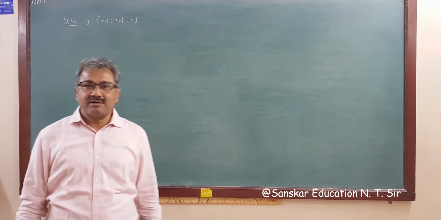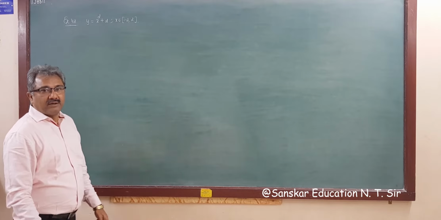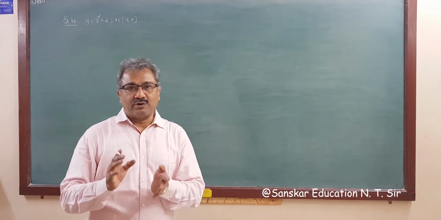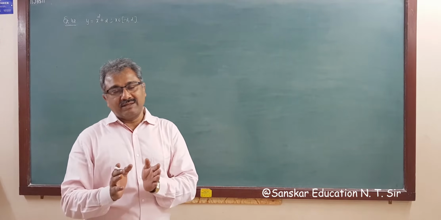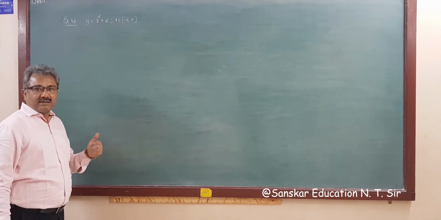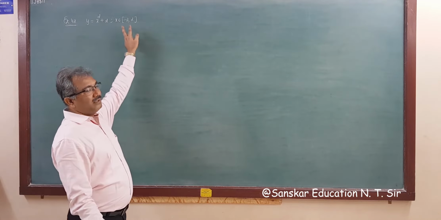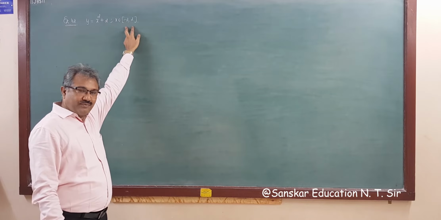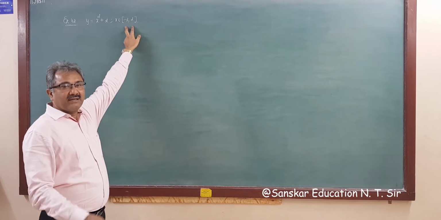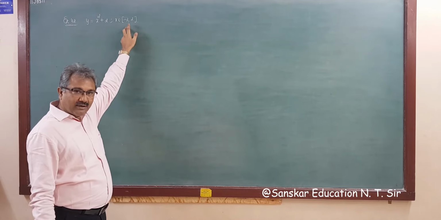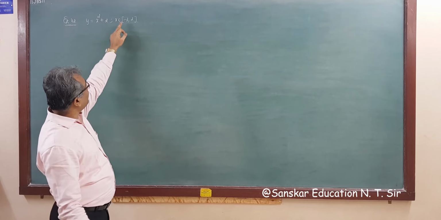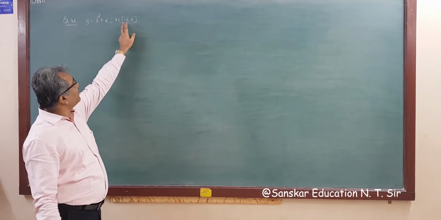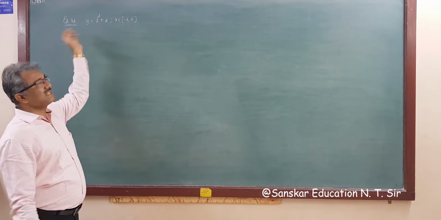Now, examples of Rolle's theorem. We know the statement for Rolle's theorem: if the given function f is continuous in the given interval, here the closed interval minus 2 comma 2, if f is differentiable in the open interval minus 2 comma 2, and if f of minus 2 is equal to f of 2, then there exists c belongs to the open interval minus 2 comma 2 such that f dash c is equal to 0.